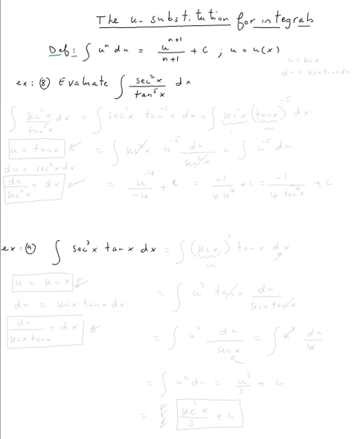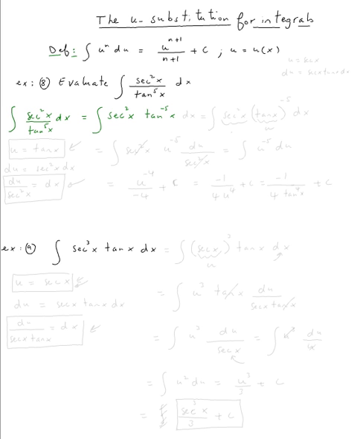So first, let's rewrite the integral: secant squared x over tangent to the 5th x dx. This is the same thing as secant squared x tangent to the negative 5 x, right?